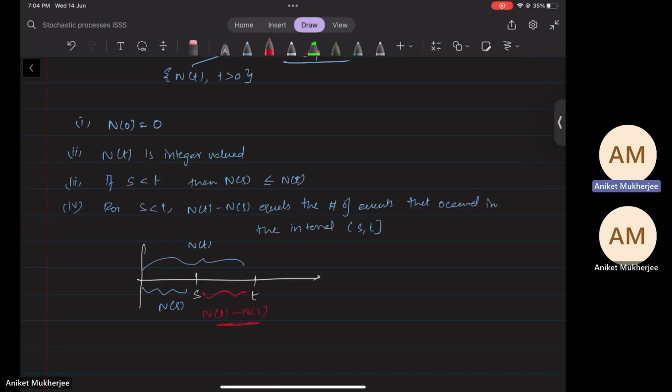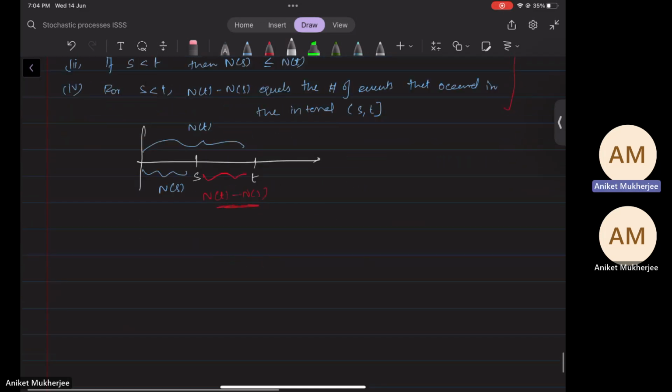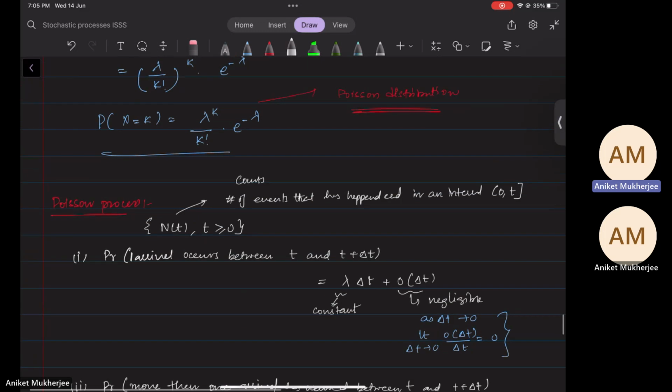So this is another way to define the Poisson process. This is not a definition; these are the things that the counting process must satisfy. The definition is now the second one, so this is definition two. This was definition one.